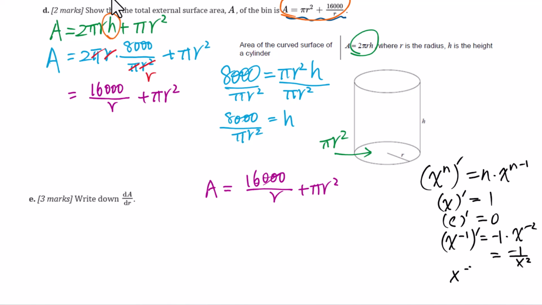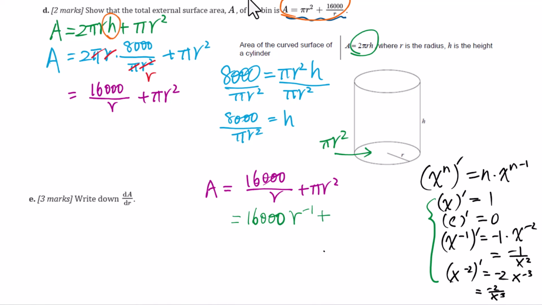X to the negative second power prime. Since we have r as a denominator, first step, we need to change this into single power form. 16,000 times r to the negative first power plus pi r squared.